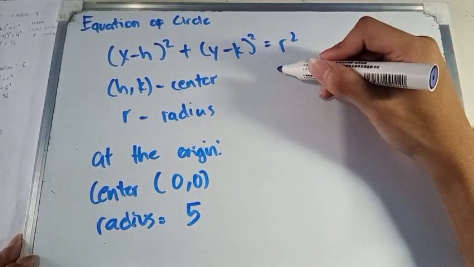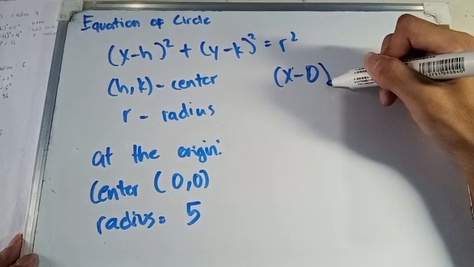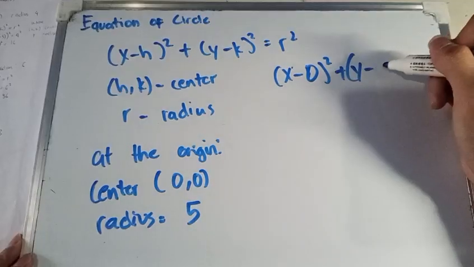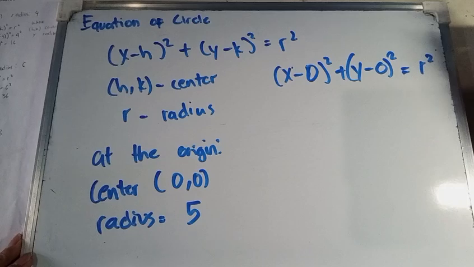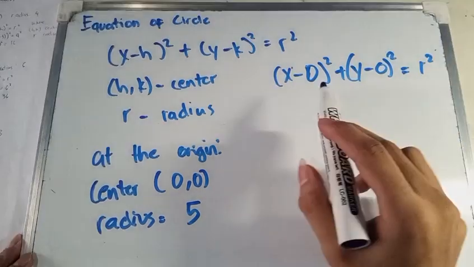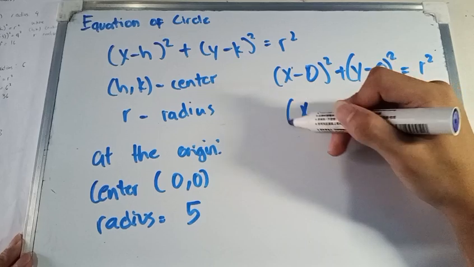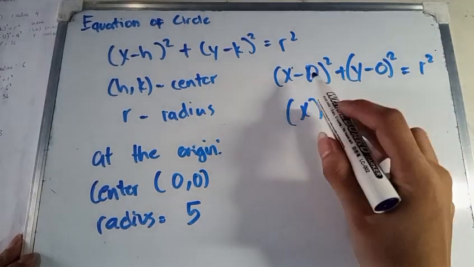Again, same process. x minus h, or 0, squared, plus y minus k, which is 0, squared, equals 5 squared. Now we can write x minus 0 as x squared, since we are just subtracting nothing from the x value.